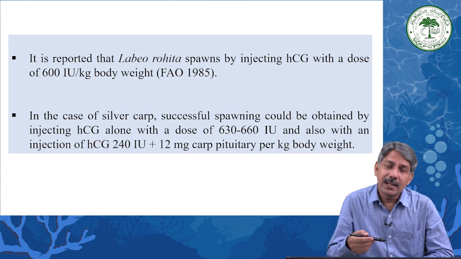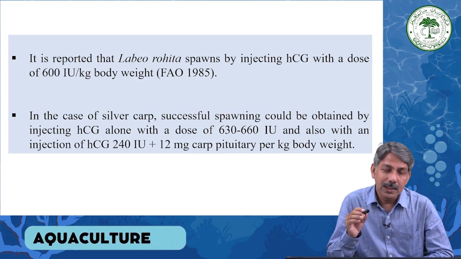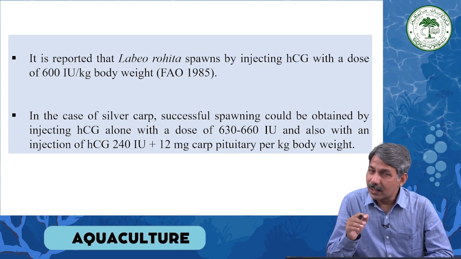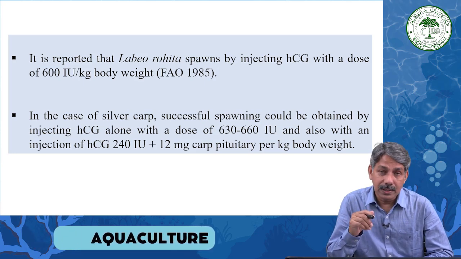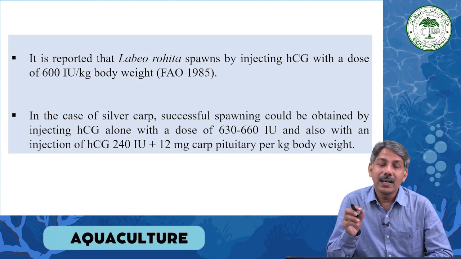The doses may vary in different species. Whenever we talk of doses of any inducing agent, any hormonal injection, be very sure that whatever is written is only a reference.